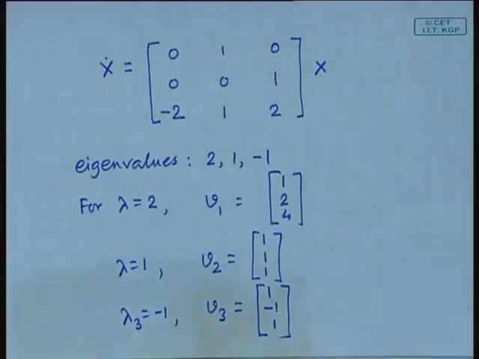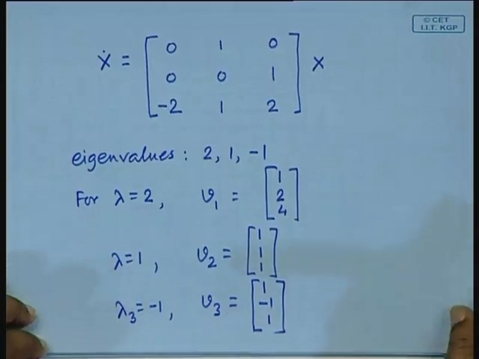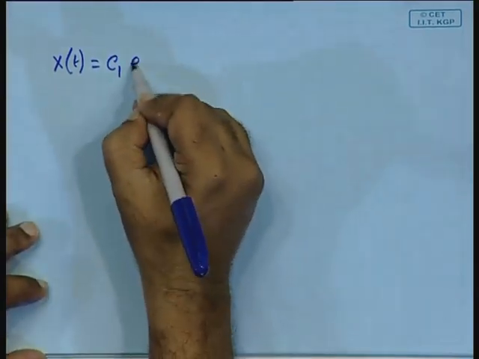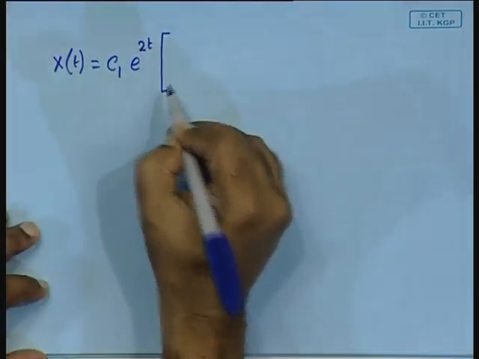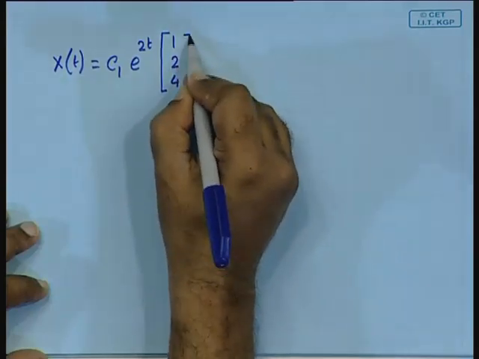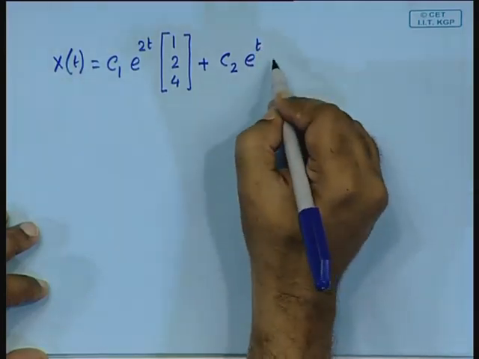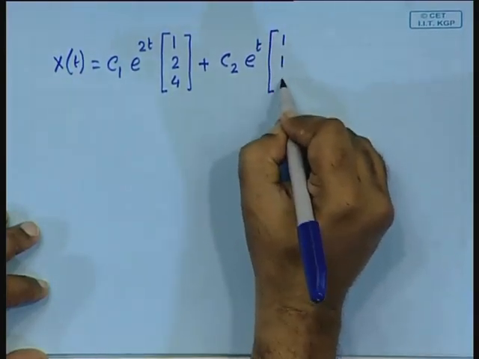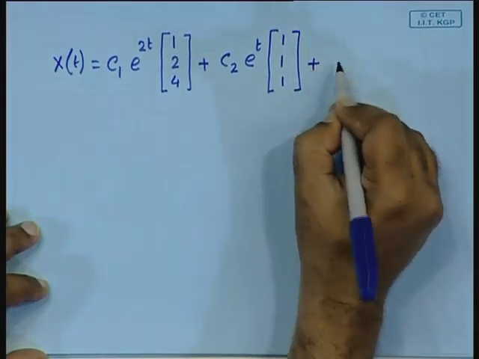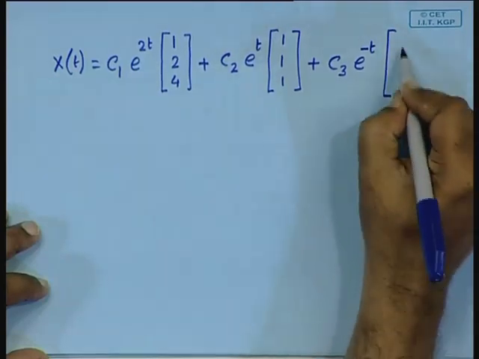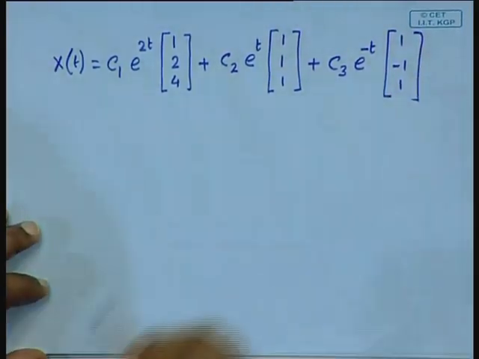So now we can compose the general equation. x of t will be C 1 e to the power 2t times (1 2 4), plus C 2 e to the power t times (1 1 1), plus C 3 e to the power minus t times (1 minus 1 1), fine.